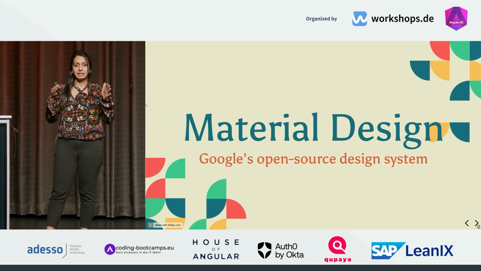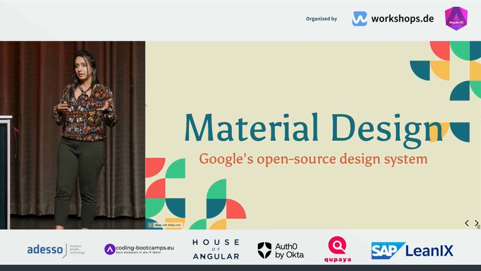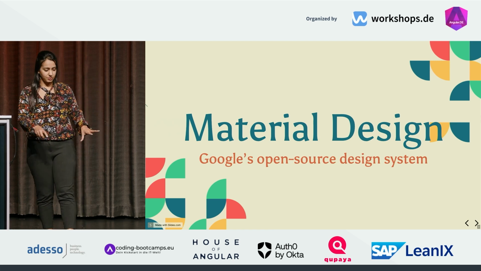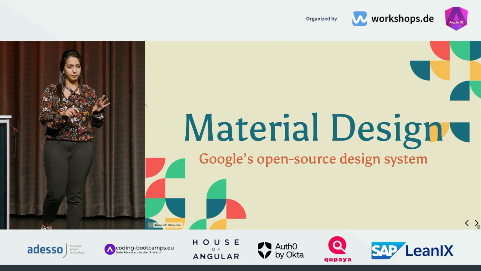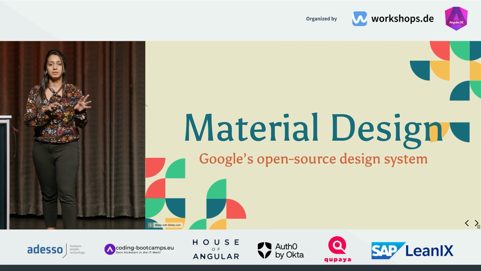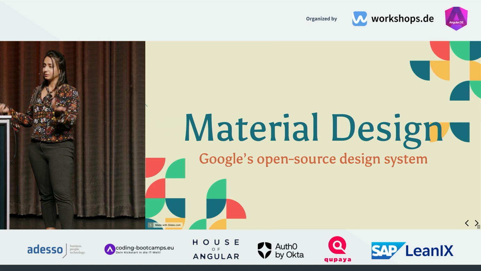The borders, the edges, the shadows, they all provide a hint about the interaction that can take place with an object. And so Google translated how we interact with physical material into how interactions with digital materials should look, and created this design system.